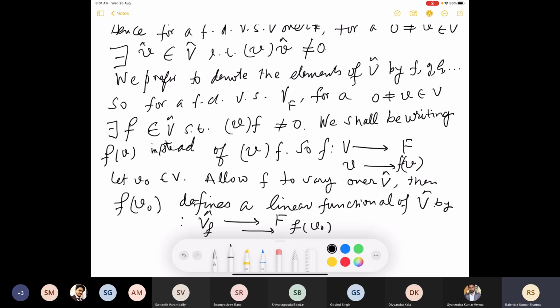So for a fixed v naught and varying f, f goes to f(v naught), then g goes to g(v naught). All of them are scalars. So let us call this map, which takes every element f, T v naught. So T v naught we are defining as a mapping from v hat to F.